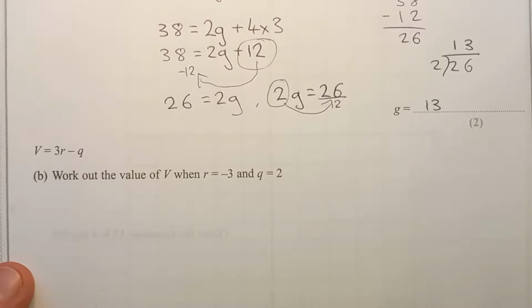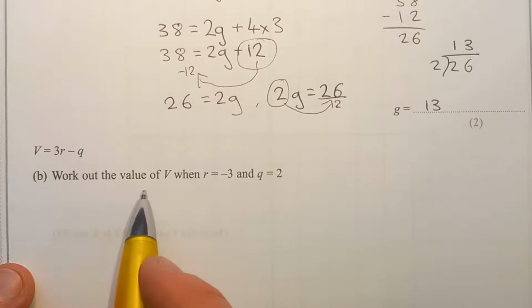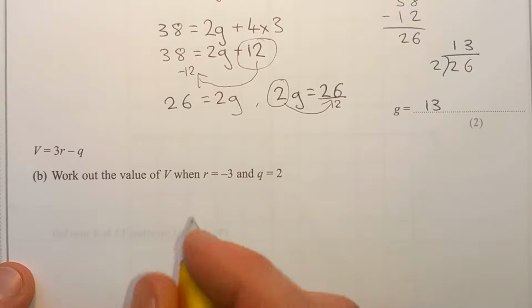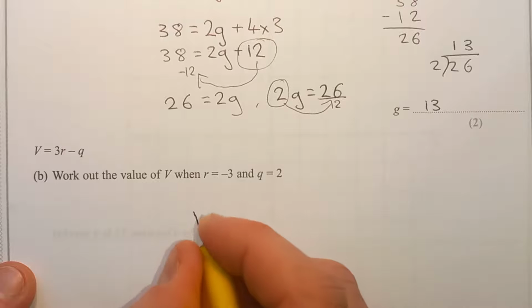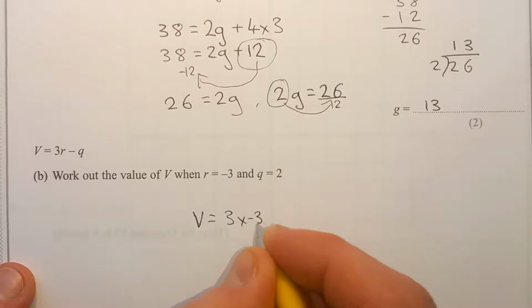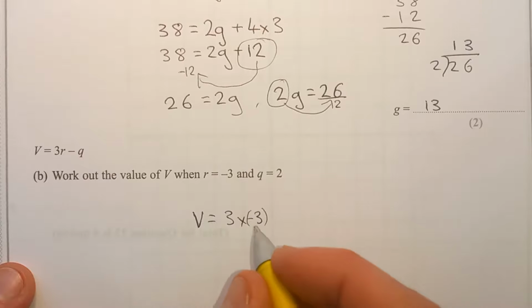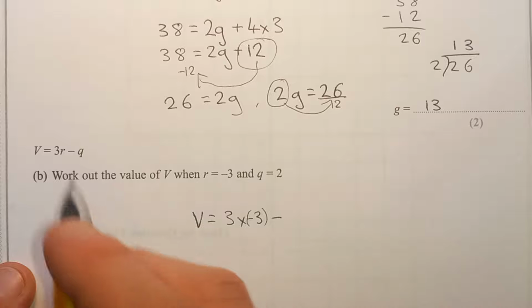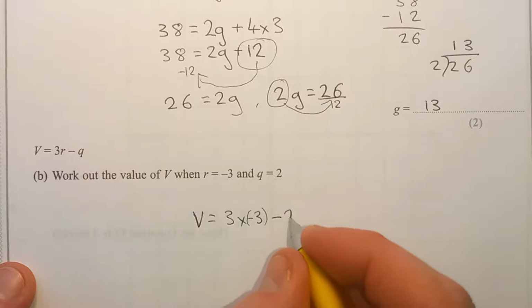Now we're told V equals 3R minus Q. Work out the value of V when R equals minus 3 and Q equals 2. So V is going to be 3 times minus 3. I'll put that in brackets just to show the minuses with the 3. And then we're going to subtract Q, which is 2.